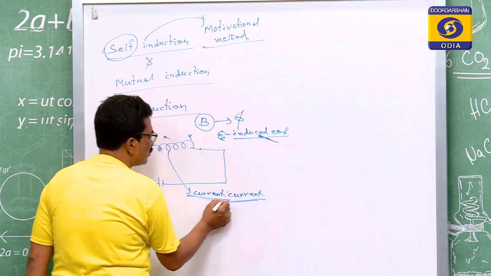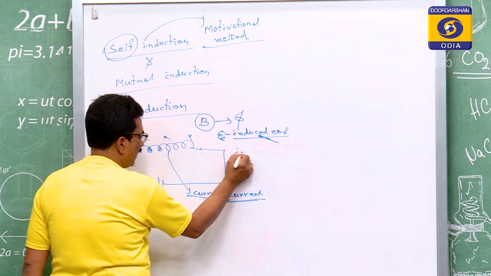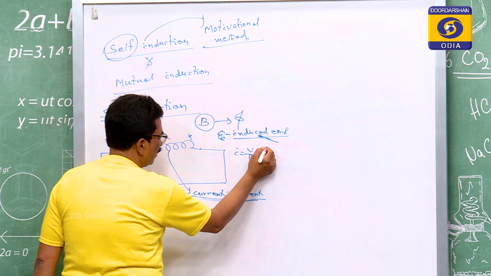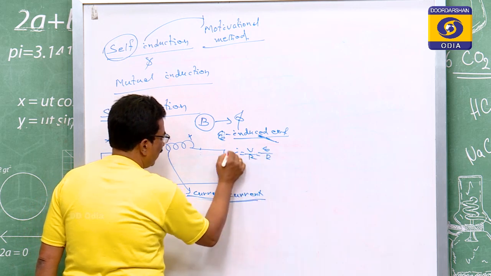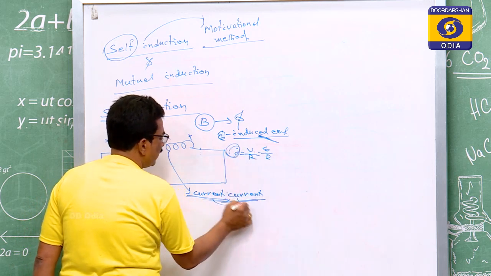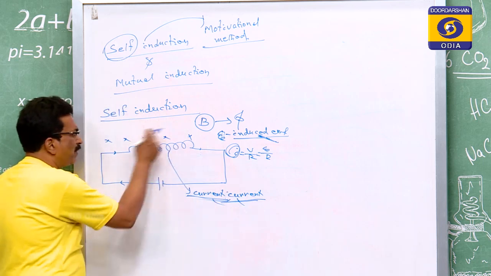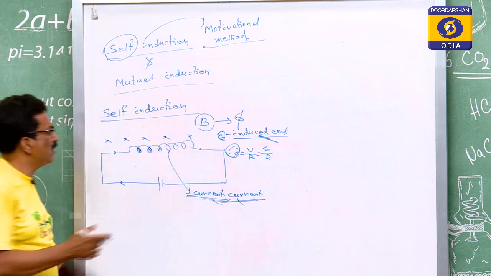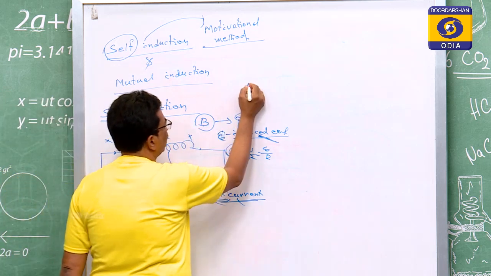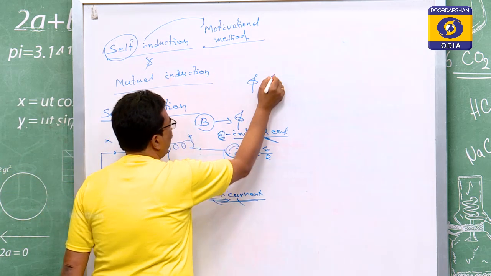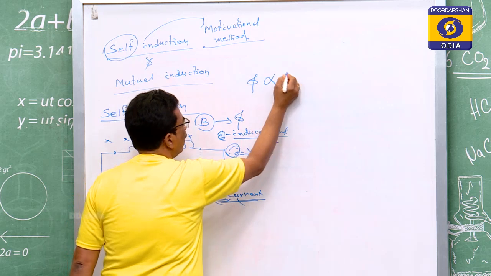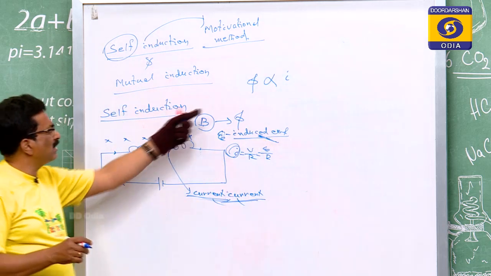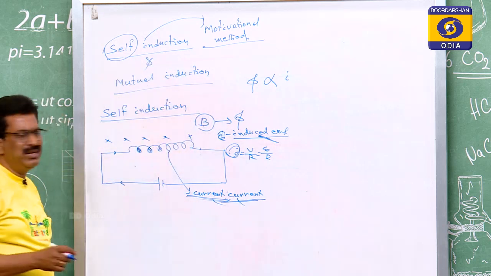This induced current I is equal to V by R, that is equal to epsilon by R. So this induced current depends purely upon how the magnetic field changes. If phi is more, then the current developed through that conductor is increased.